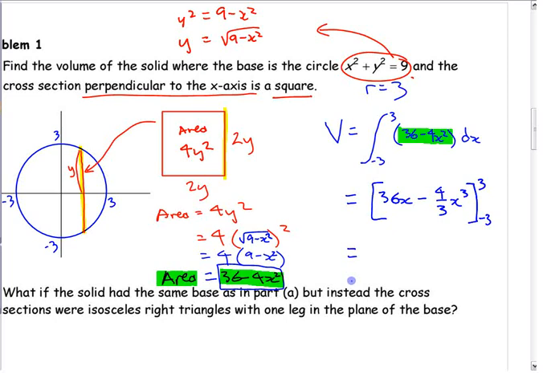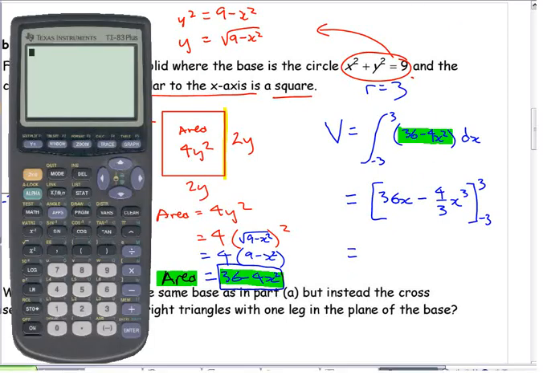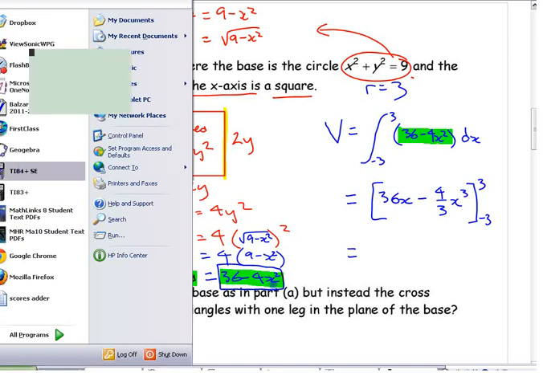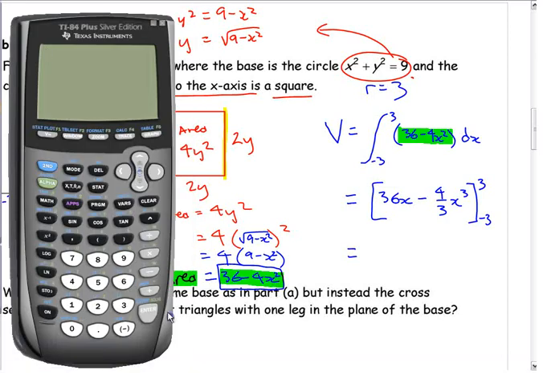It's fine to just put the answer if you want. What is the answer to this? Should we go to the calculator? What if we break out the T84 silver edition just for fun? That'd be worth it? Not really, but it's the same machine.